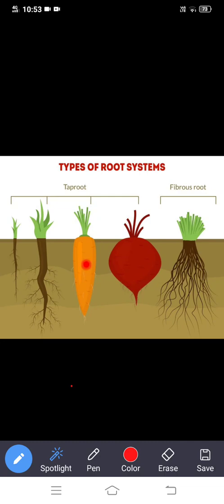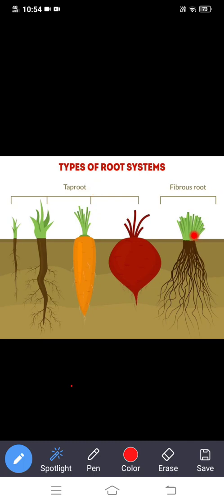So carrot and beetroot as well as radish, these all are also examples for taproot system. But here a specific term is given, which is called tuberous roots. Carrot, radish and beetroot are called tuberous roots. But definitely they come under the category of taproot system.